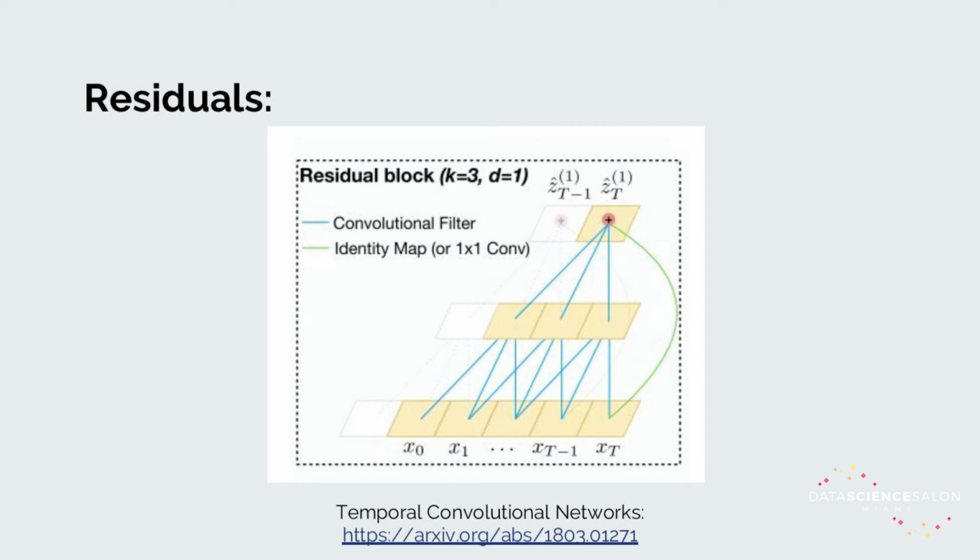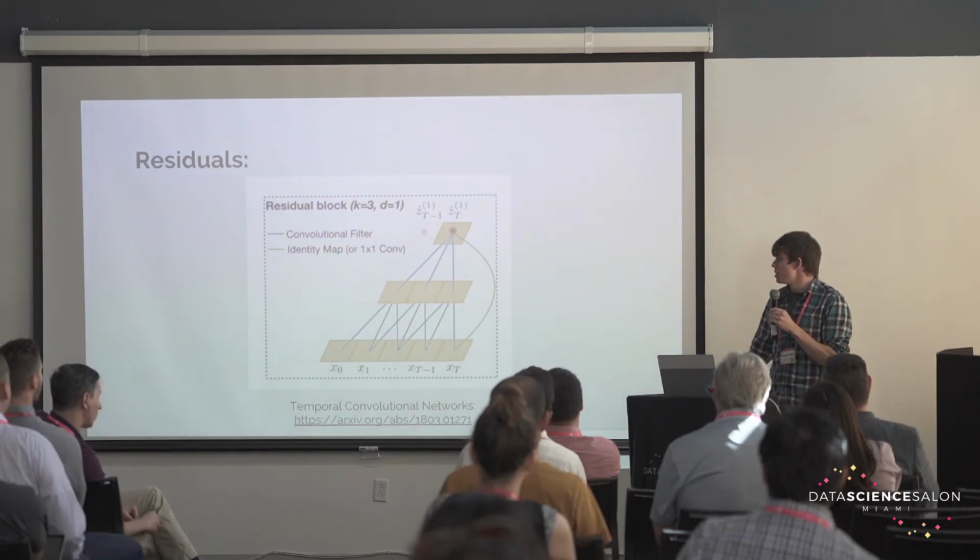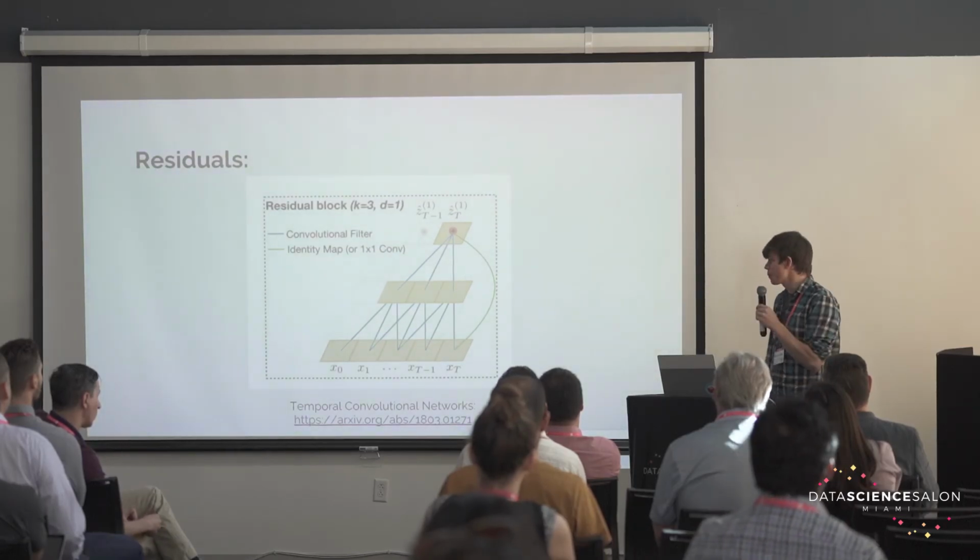So what residuals do is you simply directly add the input to the output of an operational block. And this means that the relationship between your input and your output is much shallower. It's much less complex. There's not a lot of crap in the middle that you have to backpropagate through.